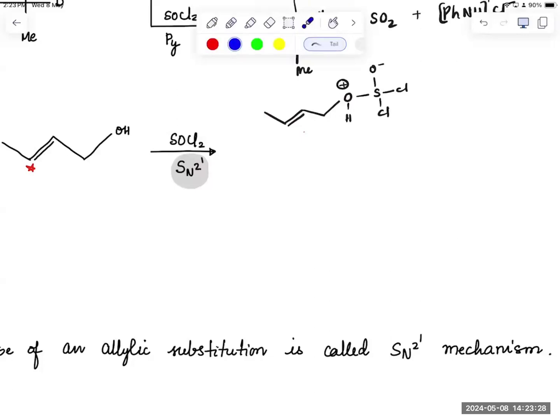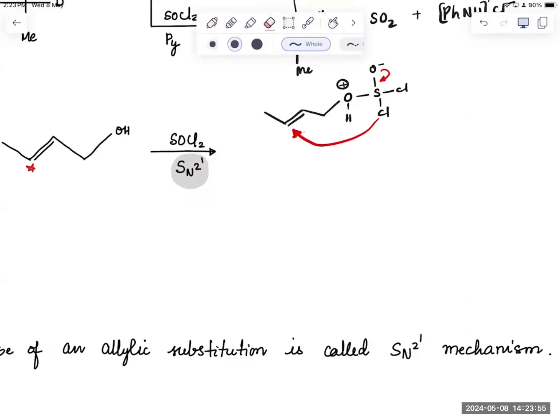Now, as soon as this closes, instead of Cl minus attacking here, the Cl minus will start attacking at this position. You can see the cyclic structure 1, 2, 3, 4, 5, 6. A 6-membered cyclic structure will form and Cl minus will attack on this end. So this is how the attack would take place, where you have closing of this bond and Cl minus attacks on this bond.